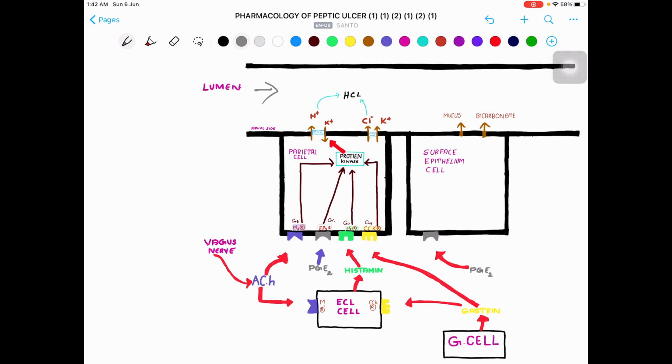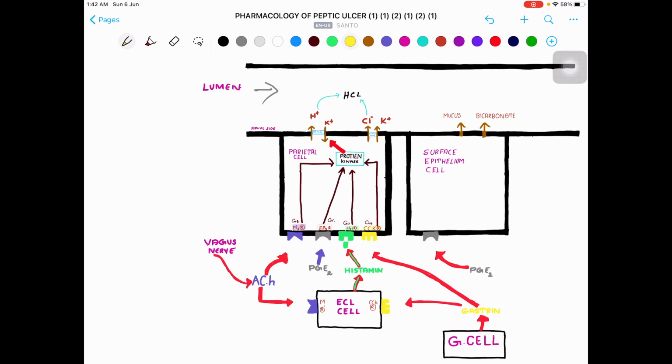The enterochromaffin-like cells secrete histamine, and this histamine binds to the histamine receptors present in the parietal cells, leading to HCl secretion. Let's see what G cells do.